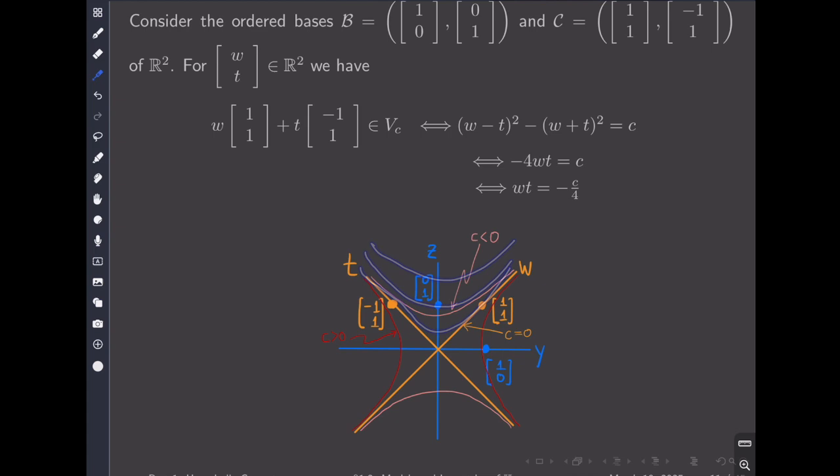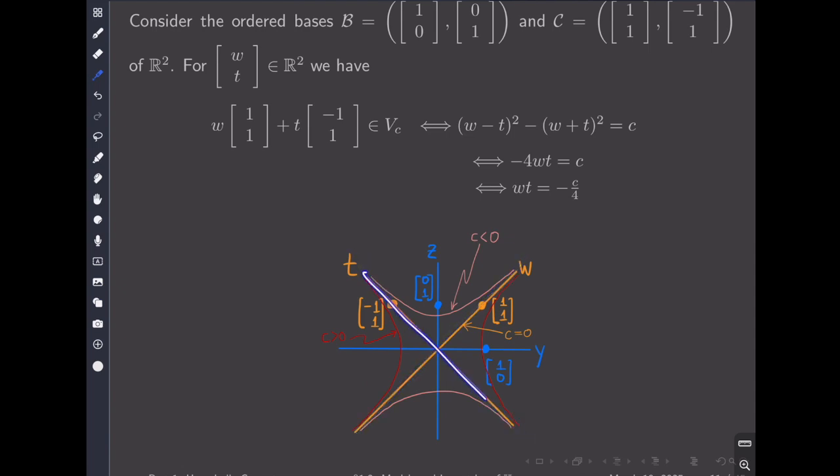When C is positive, they are hyperbolas that open horizontally. And when C is 0, it's just the lines Z equals Y and Z equals negative Y.